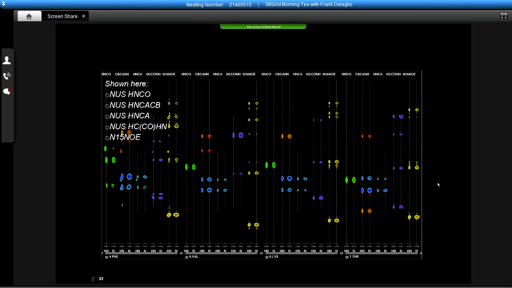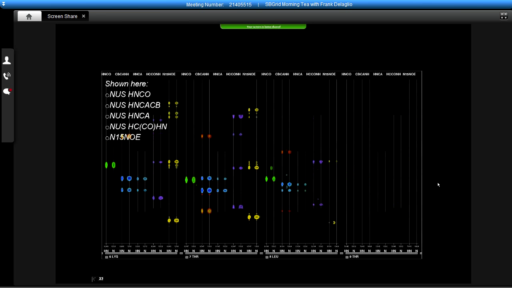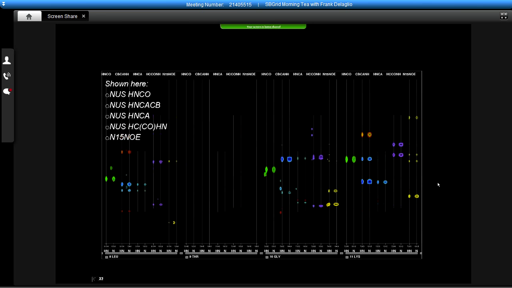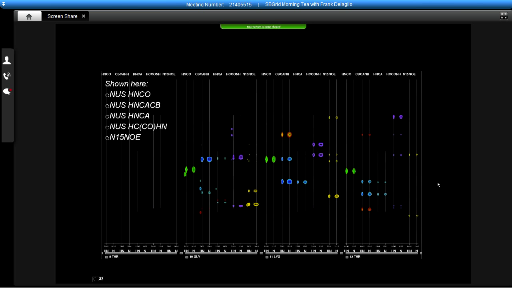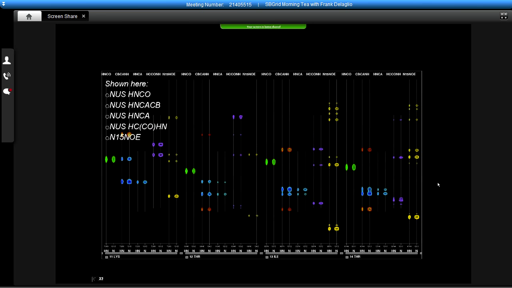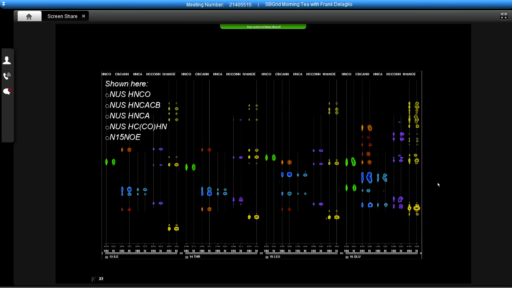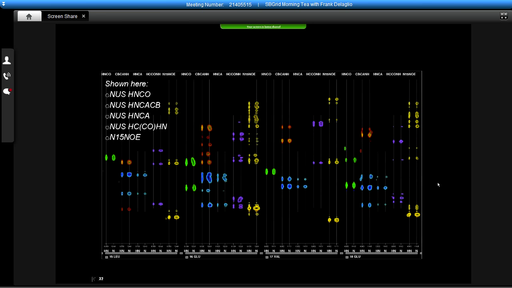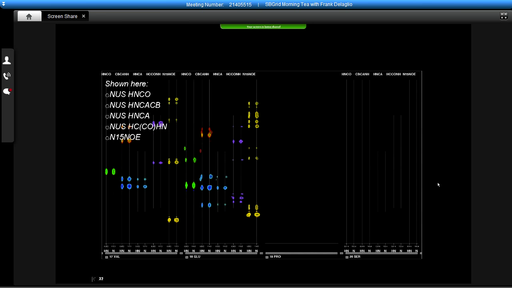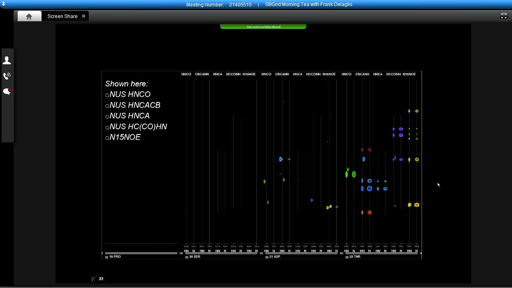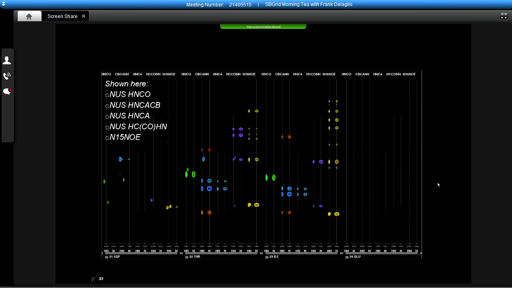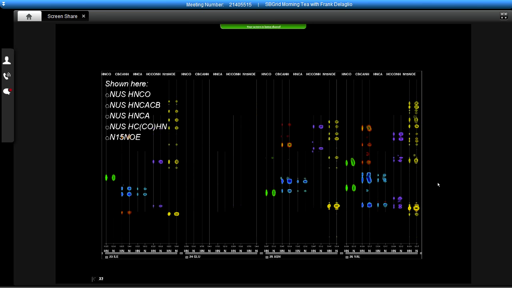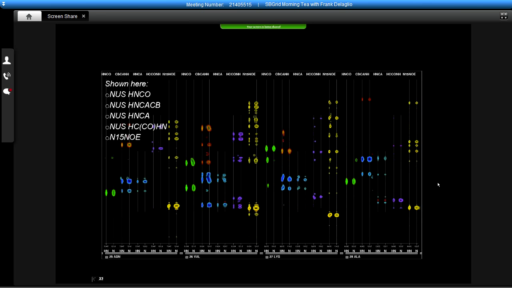And here's examples that we care about in triple resonance NMR. Here's a collection of 5 different triple resonance experiments, 4 of which were measured in the non-uniformly sampled mode. And so they were reduced in measurement time by 50% in each of the 2 dimensions.